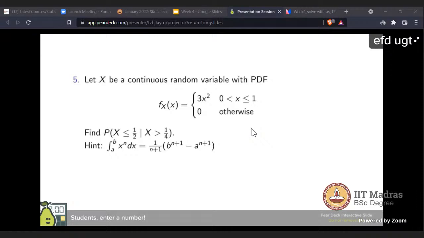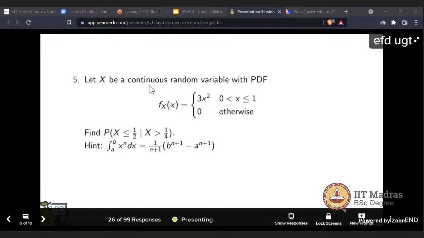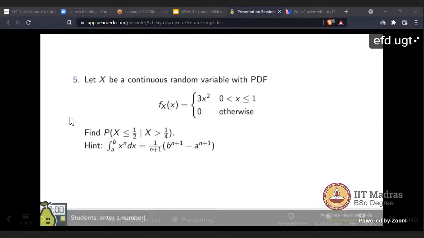Now here it is given, how do I find the probability x less than or equal to 1/2? It is conditioned on x greater than 1/4.